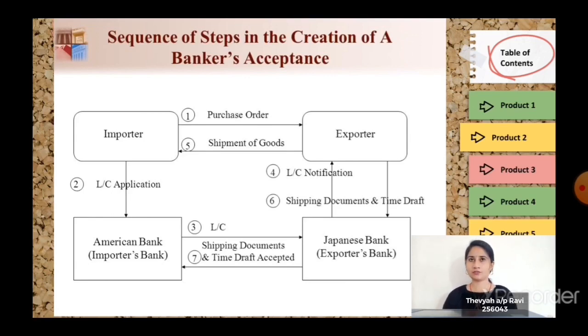Next, the letter of credit is presented to the exporter's bank. Then the exporter sends the goods to the importer and the shipping documents to its bank. Last, the shipping documents are passed along to the importer's bank. These are the steps that are involved in banker's acceptance.